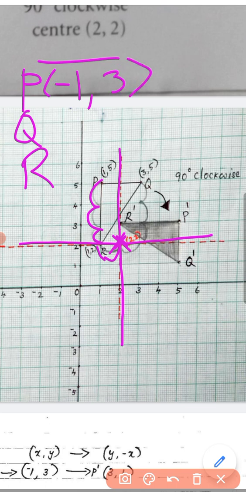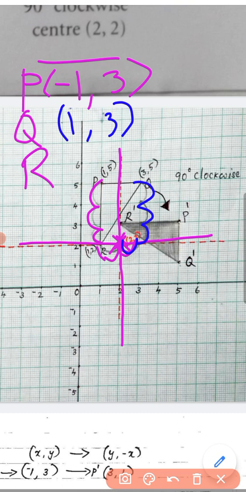This is P. Next find Q. Q is 1 unit to the right, that is positive 1, and 3 units up, so 1, 3.